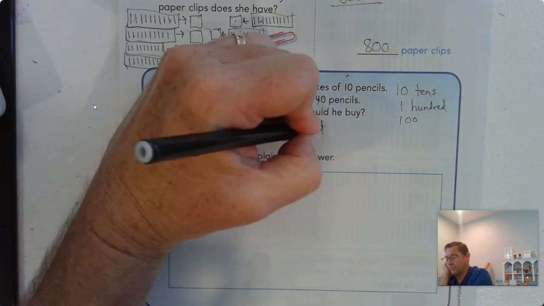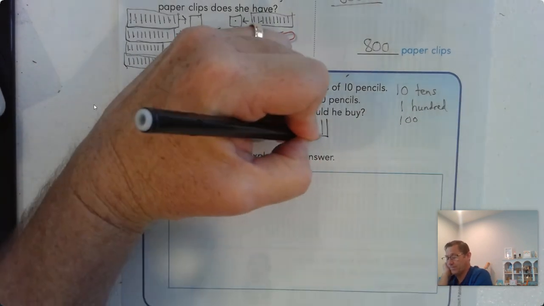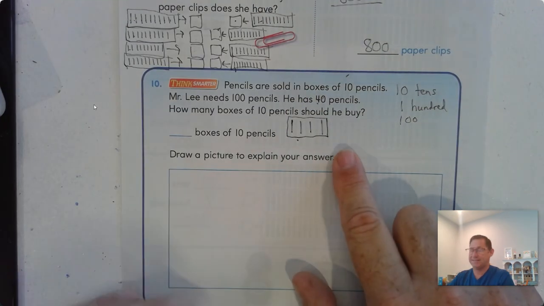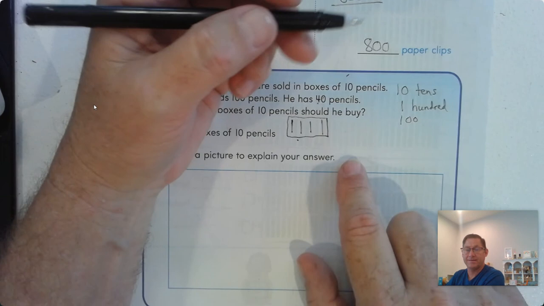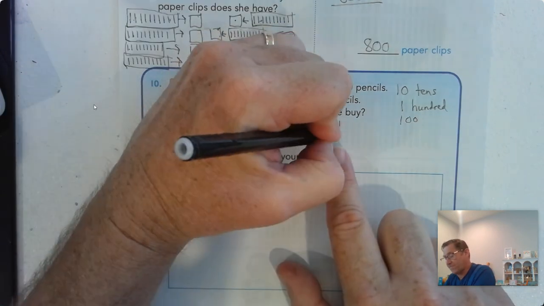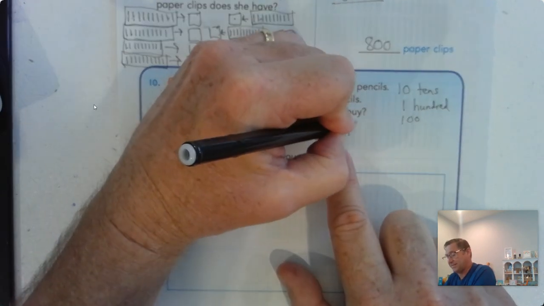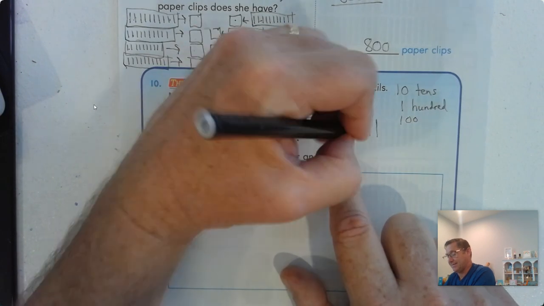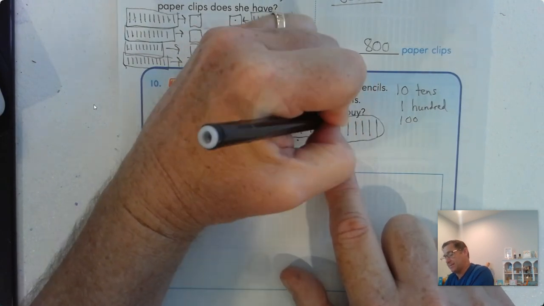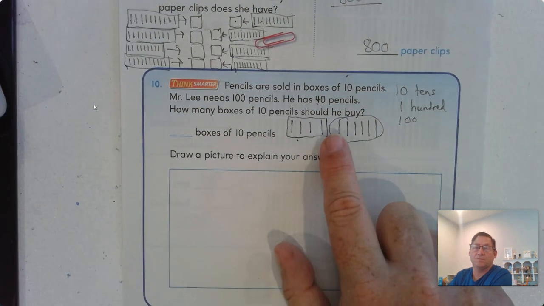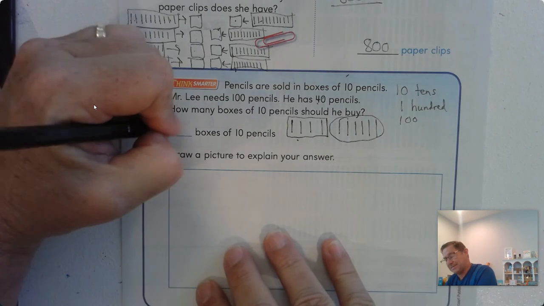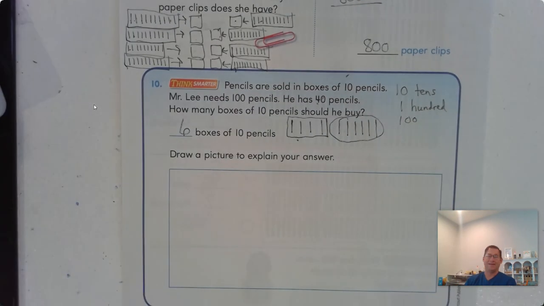How many more tens does he need? Well, so this is what he has, right? How many more does he need to get to 10 tens? So we're at 4, 5, 6, 7, 8, 9, 10. So he needs 1, 2, 3, 4, 5, 6 boxes of 10.